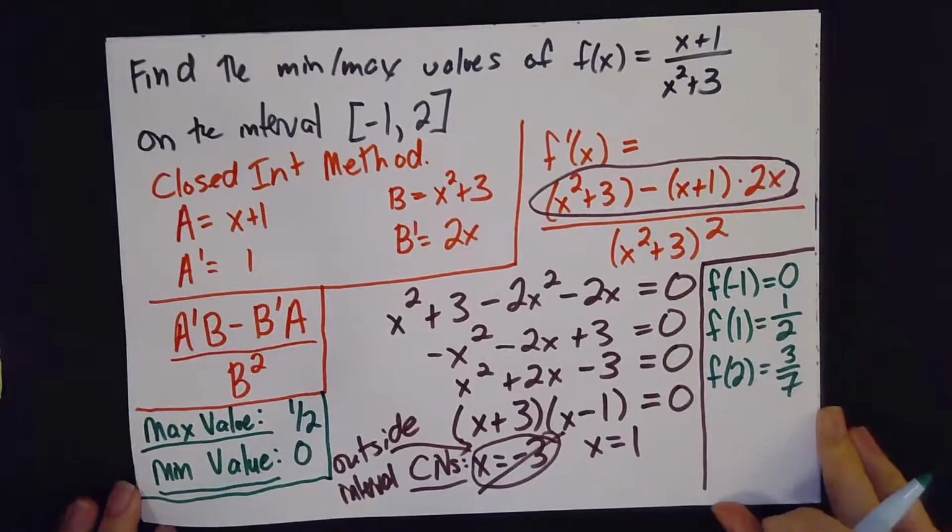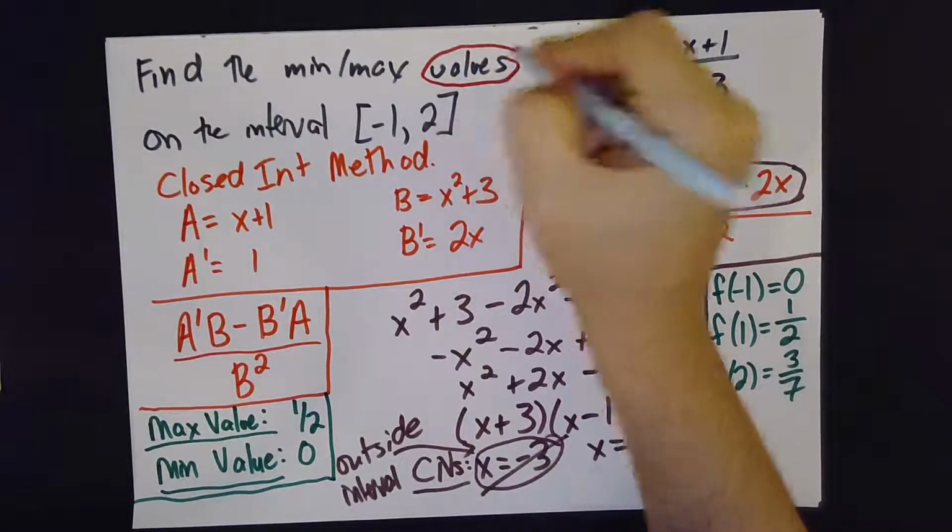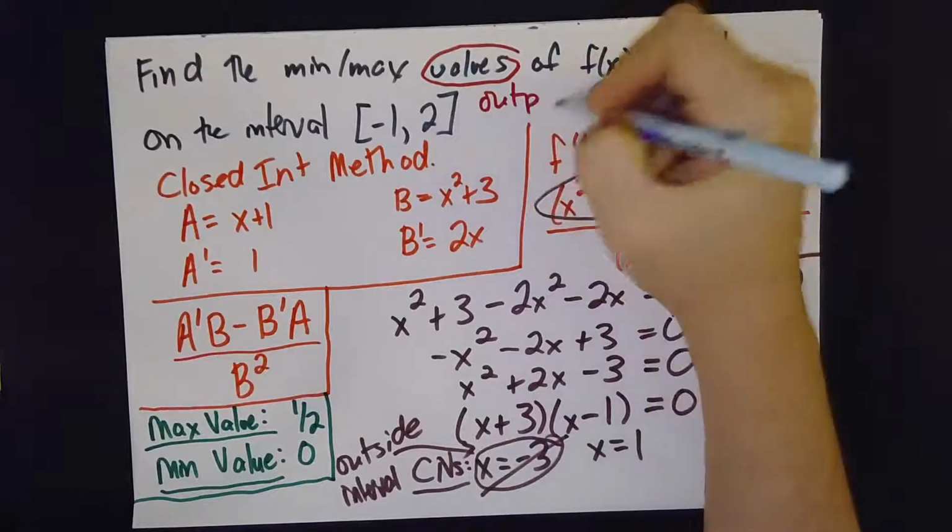Some people were still not quite answering these questions in the correct way. They were giving me the x's or were giving me points or whatever. Note when it's asking for min and max values, this word values means outputs.